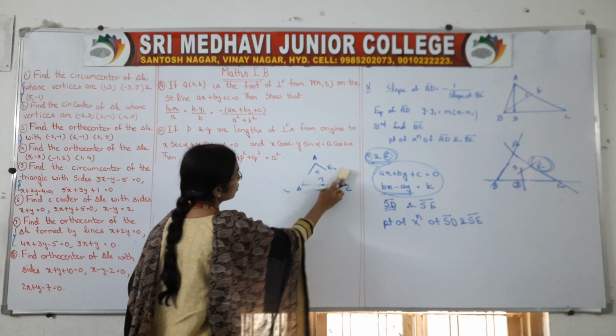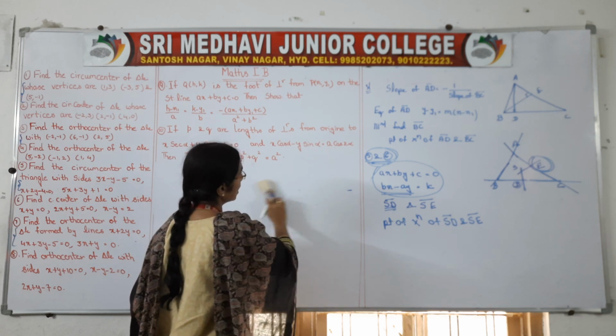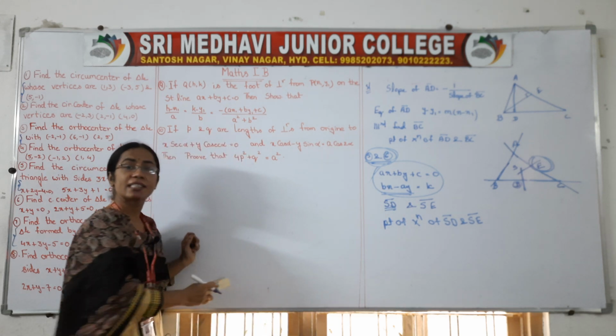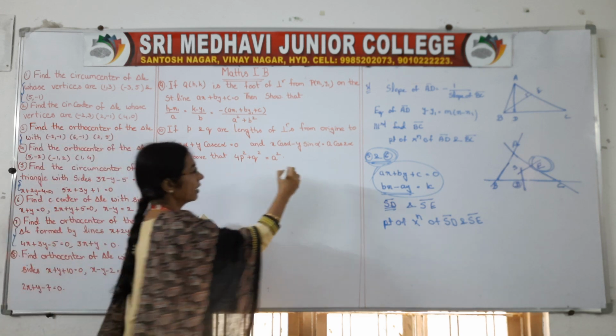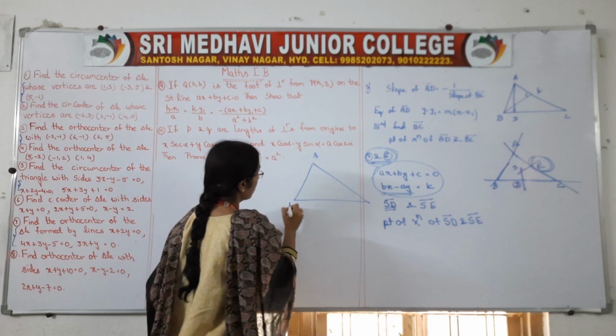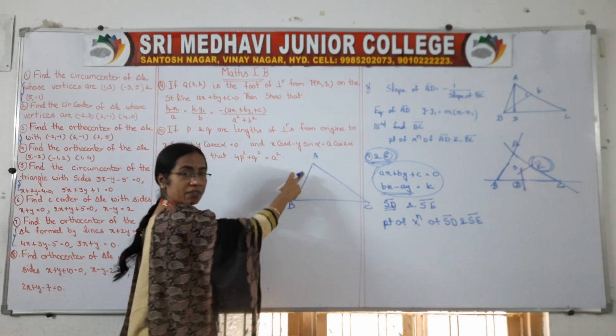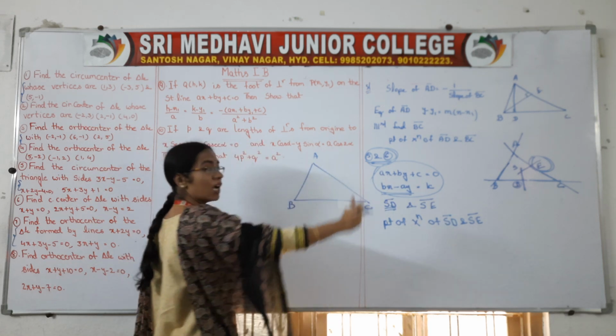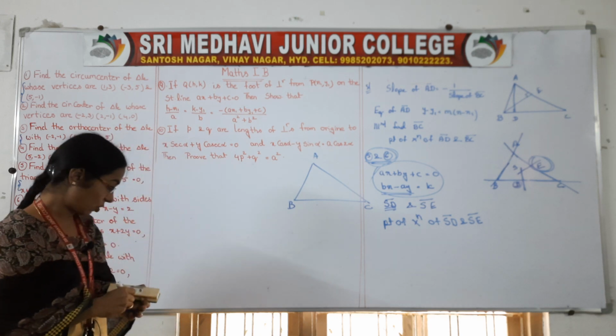Observe carefully. Here also it is the same thing. They have given the sides of the triangle A, B, C. AB is given to you, BC is given to you, and CA is given to you.